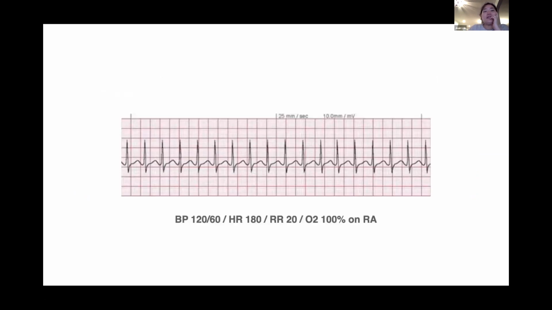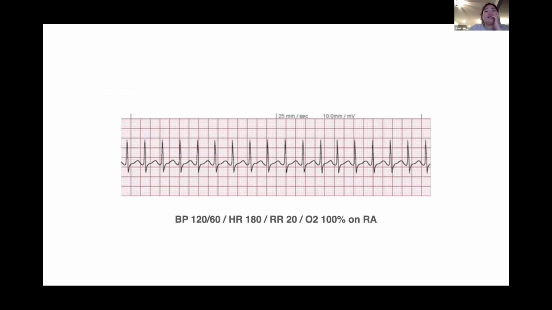Okay. So now you have an adult, a 26-year-old woman comes in for a wisdom teeth removal. She complains of feeling a bit lightheaded. You throw some monitors on her in the office, and this is what you see. Oh God. What kind of rhythm is this?